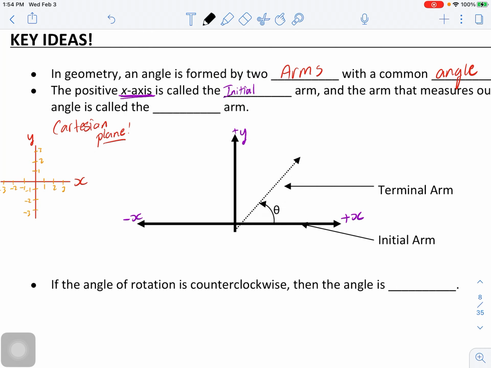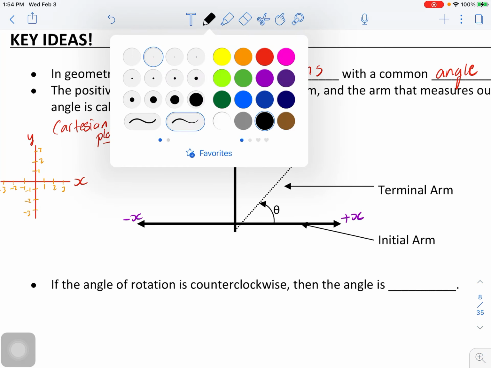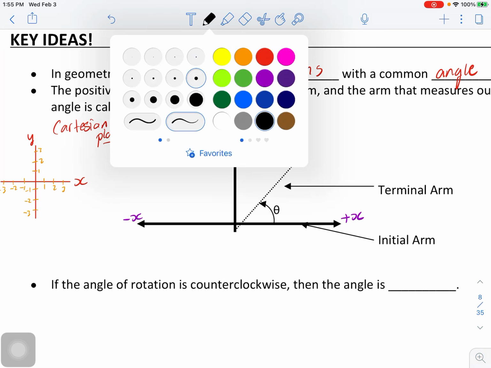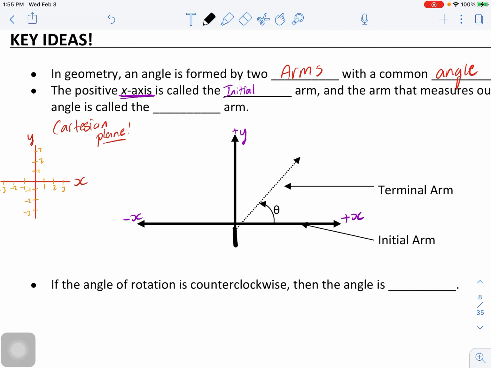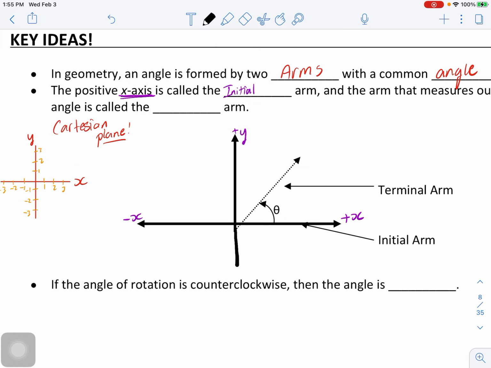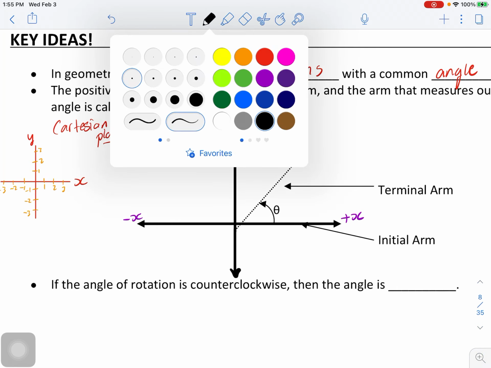And I guess let's just add on to our value here. That's a little too big. This one should work. There. That's a little big too. Let's use this one. There we go. That works pretty good. So you would also have it going down there, and that would be your negative y-axis.